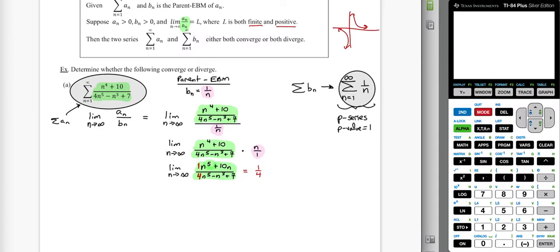If the p-value is between 0 and 1, the series diverges. If it's greater than 1, then it converges. So the sum of b sub n from n equals 1 to infinity diverges by the p-series test.